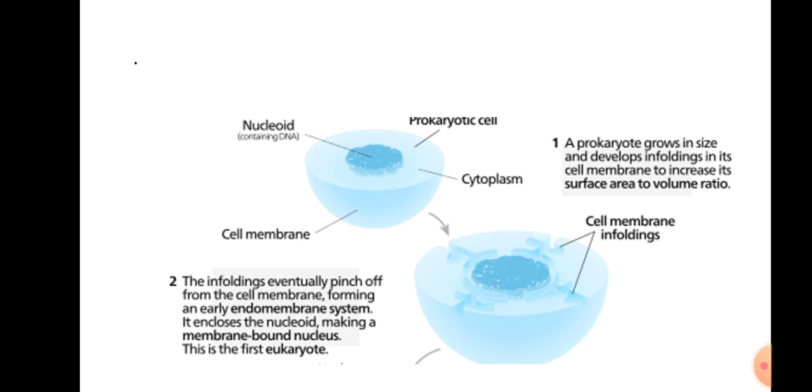Here you see some cell membrane enfolding. After enfolding, the enfoldings eventually pinch off from the cell membrane, forming an endomembrane system. It encloses the nucleoid, making a membrane-bound nucleus. This is how the first eukaryote originated.